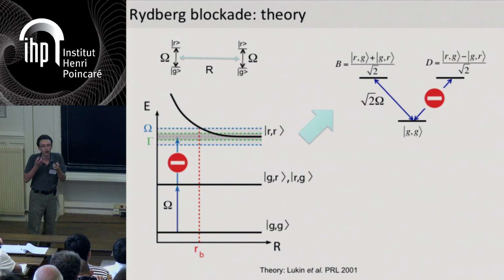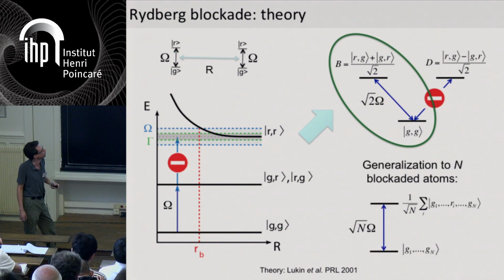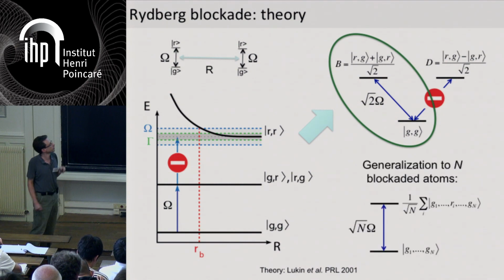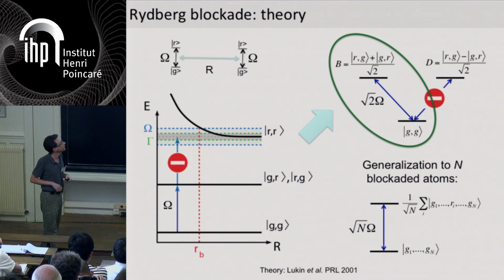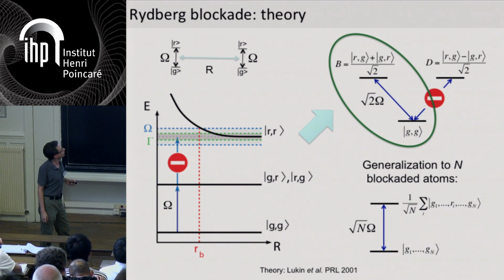So at the end of the day, you're left with a very simple system, which is just a 2-level system between the many-body ground state and this symmetric superposition of states where one Rydberg excitation is shared between the left atom and the right atom with a √2 enhanced Rabi frequency. And interestingly, this can be generalized to the case of n atoms as long as they all sit within one blockade radius of each other.